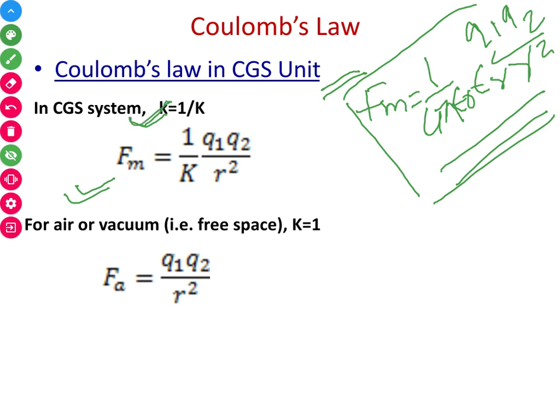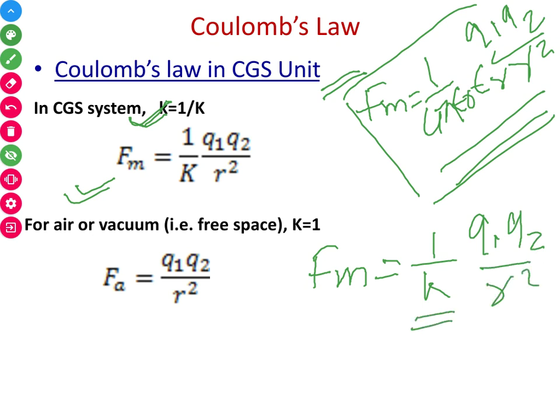So the force between the two charges in any medium is given by 1 upon K into q1 q2 upon r square. K is a capital K, and it is called the dielectric constant. In case of air or vacuum, the value of K is equal to 1.